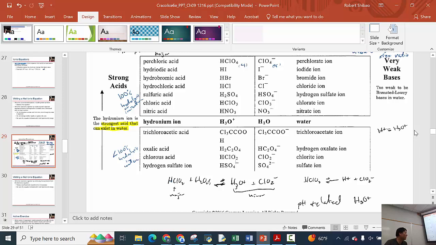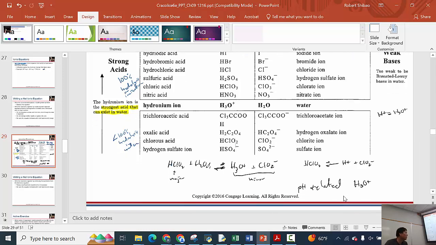The more hydronium, the lower the pH. And so if we increase the hydronium, we end up decreasing the pH. This is what we call the hydronium concentration. If I put square brackets around this, this refers to the concentration. So the higher the concentration of hydronium, the lower the pH.